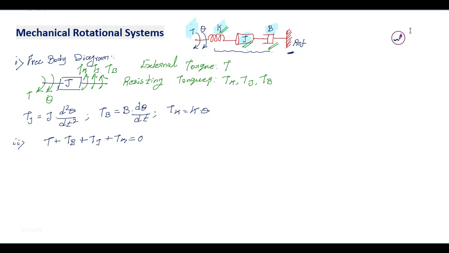In another way we can say that the external torque applied to the system is equivalent to all the torques reacting on the elements in the system.